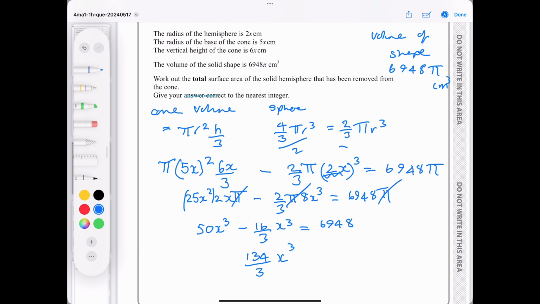x cubed equals 6948. So let's now times 6948 by 3, divided by 134, equals, that doesn't look very good, so x cubed equals 155.5522.